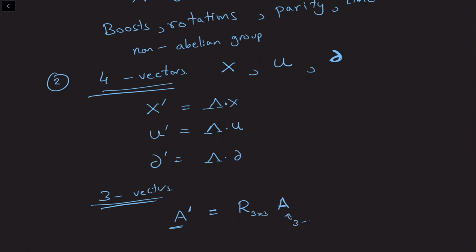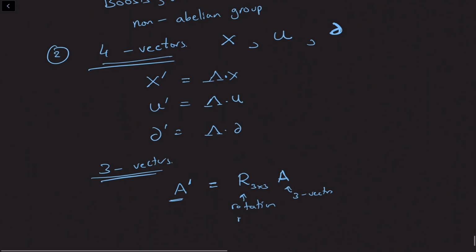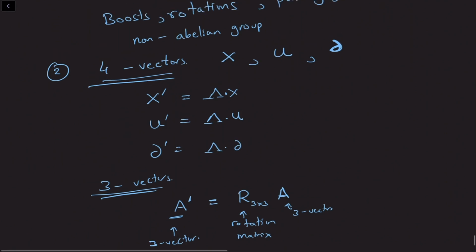So if I have 3 vectors, I rotate by a rotation matrix, and that would give me my new 3 vector in my rotated coordinate system. Similarly, 4 vectors here involve transformations not just in space, but in time as well. The transformations in time are interpreted as Lorentz boosts. That is, you're going to a frame which is moving with respect to the frame that you started with.